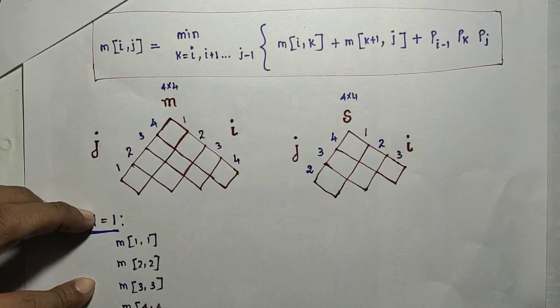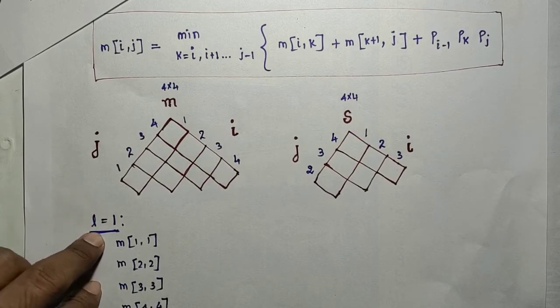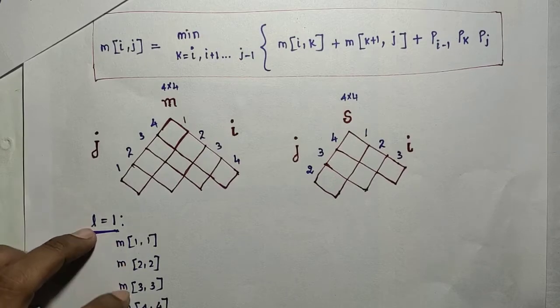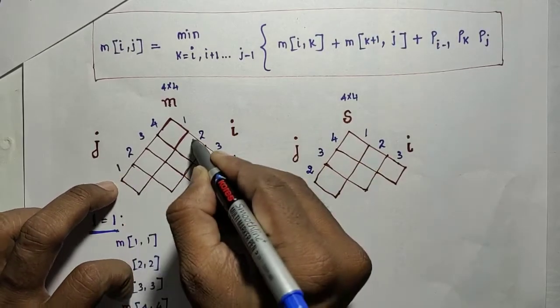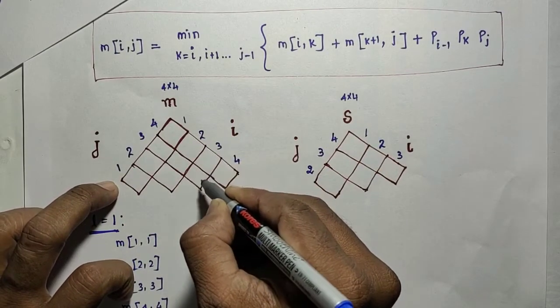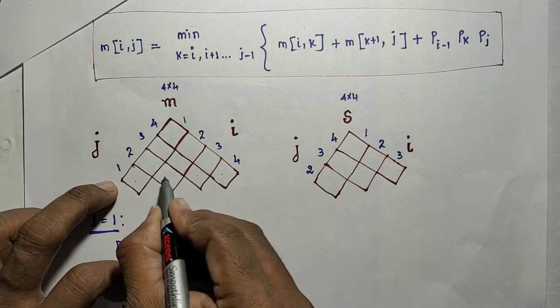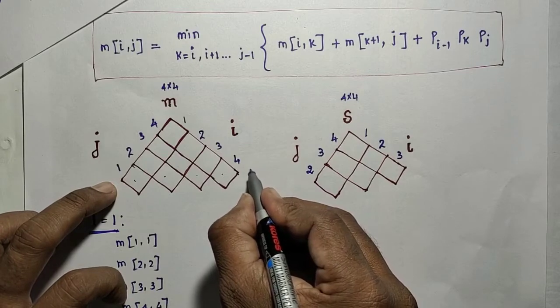That is the 4 values we need to determine with L equal to 1. These fields need to be filled first. That is length equal to 1.